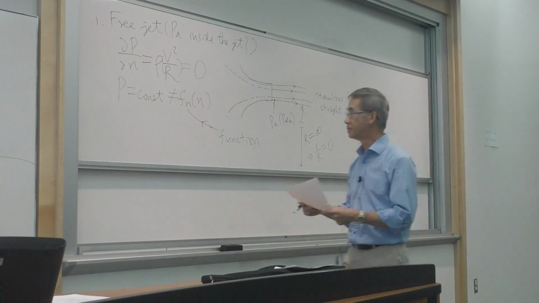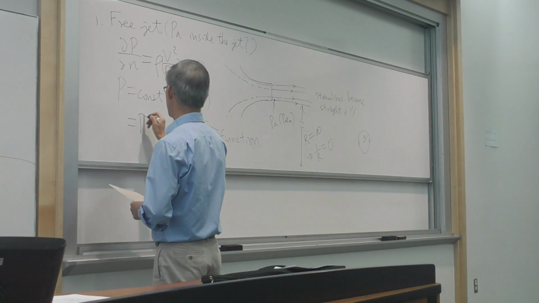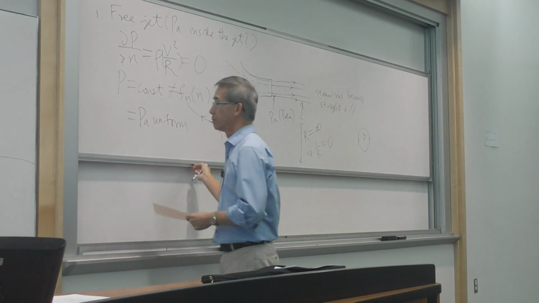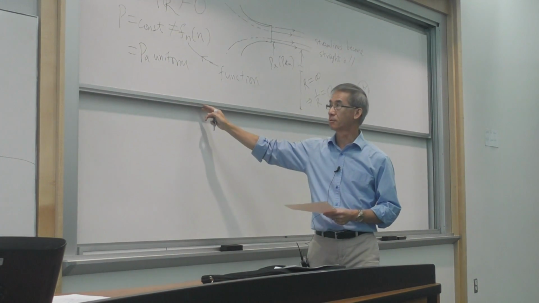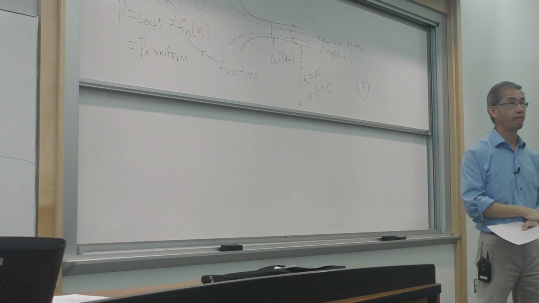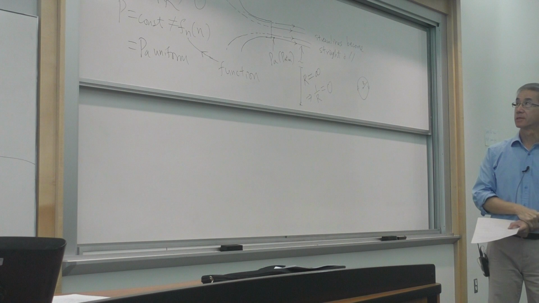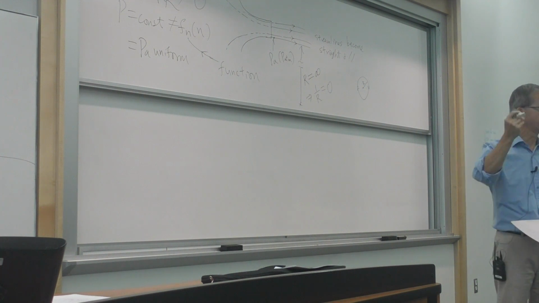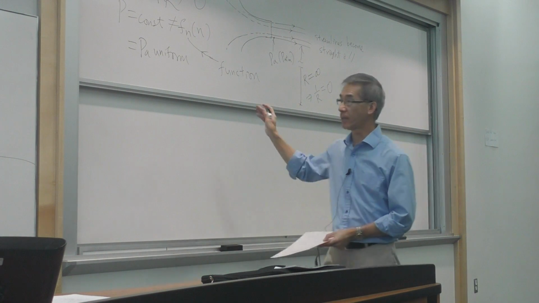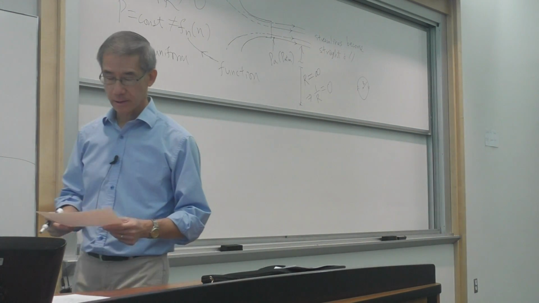What I will conclude, within the jet, top to bottom, all the pressure is the same. If I have 14.7 at the bottom, it has to be 14.7 across the entire jet, just for the fact that the streamlines are straight and parallel.